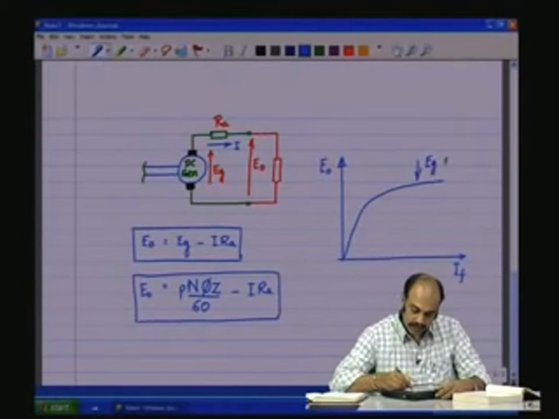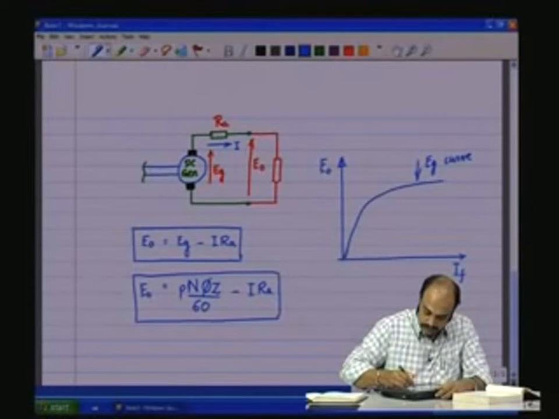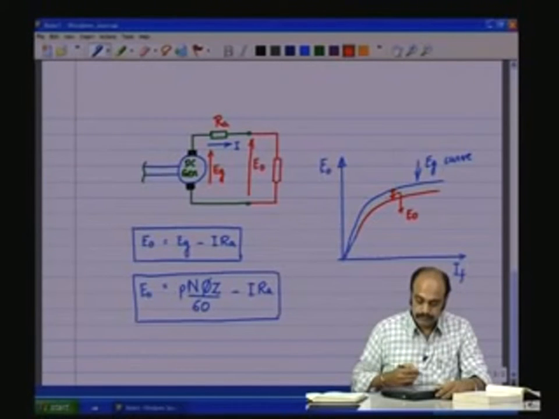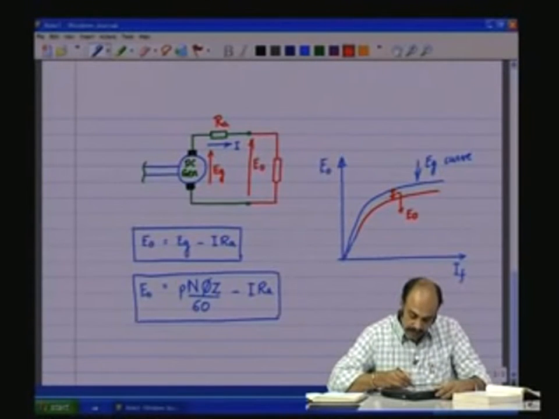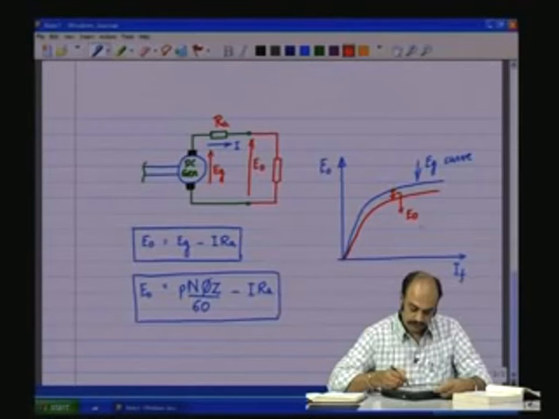So, this would be the Eg curve minus the load component, and that load component is going to determine E naught. So, this is going to be your E naught. So, your actual E naught curve across the terminals of the generator will be lesser than the Eg curve.